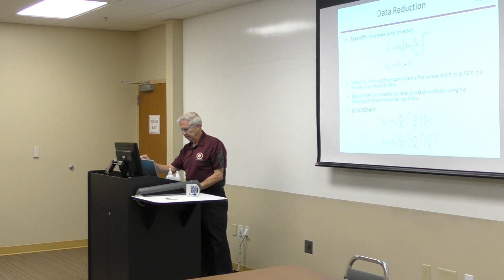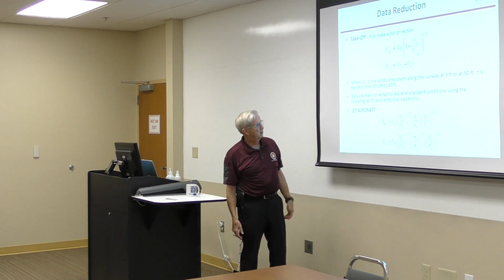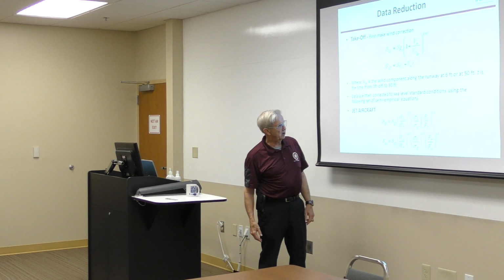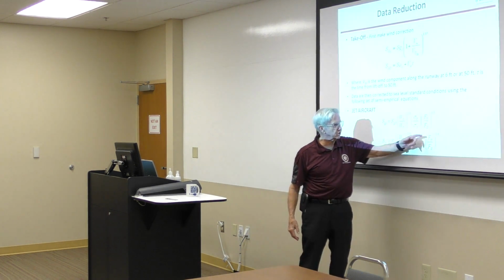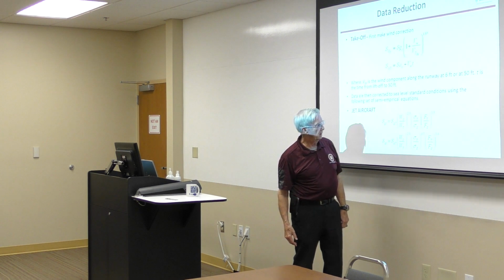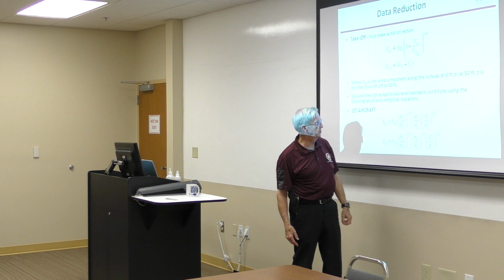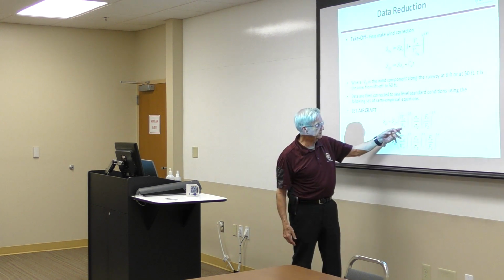For the reduction to standard day conditions, here are the equations for a jet airplane. Notice this is the test thrust, the standard value of thrust. Root sigma, test value, what the standard value is. Weight, standard weight, test weight.